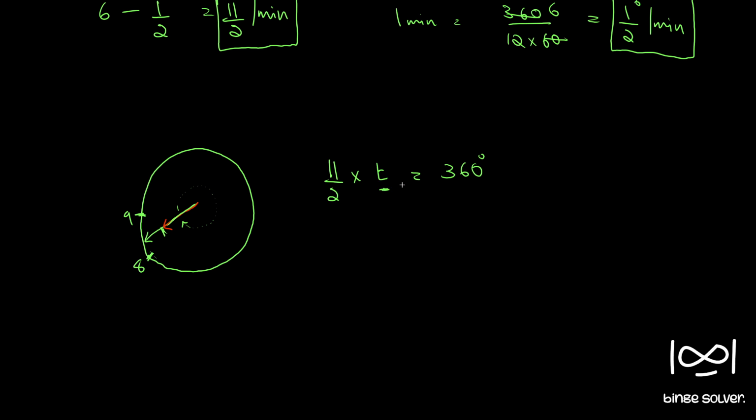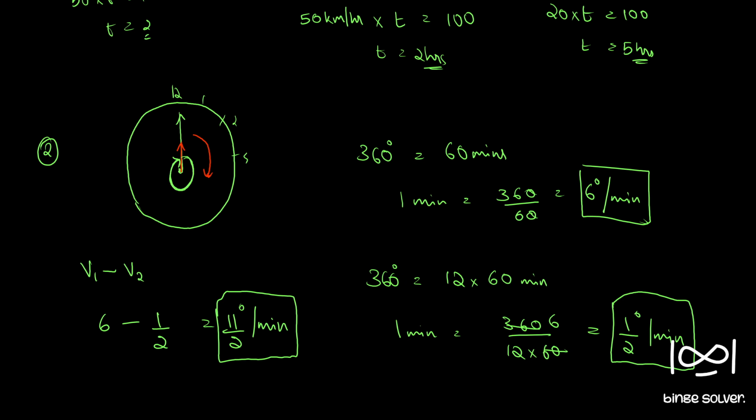This is the time that is needed. So this t is 360 into 2 by 11, or 720 by 11, which we got as 65.5 something. So 65. This is how we use the concept of relative speed in clock question to answer. So 65 is the answer.